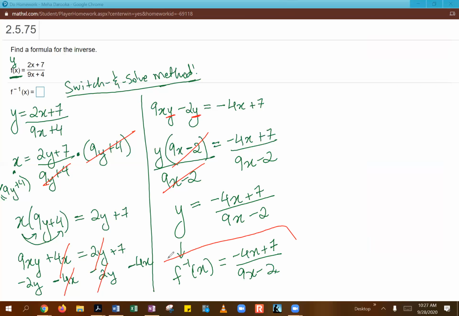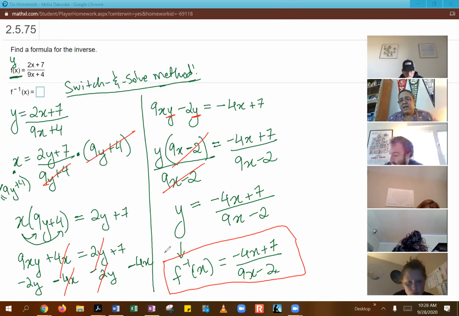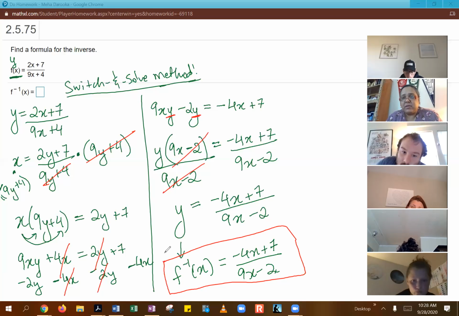This is impossible, or I have not been able to figure it out because I've tried to do this mentally a couple times and it just makes my brain hurt. So I usually do not recommend using the mental method unless you are confident that you will be able to get it to work. I recommend using the switch and solve method for these types of examples over here.